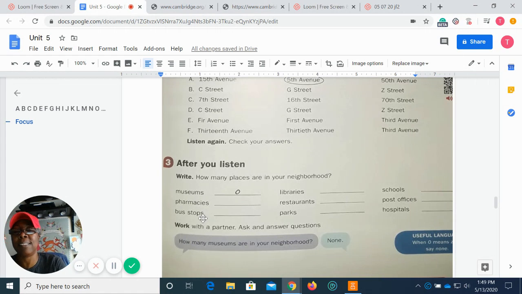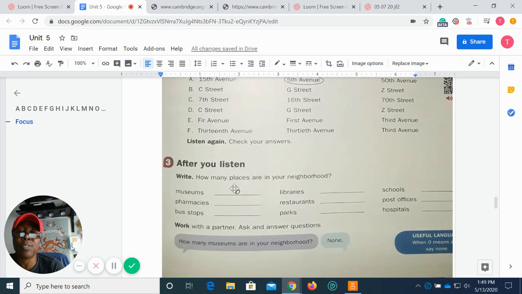So you'll want to say S. And when we ask a question about a specific place, like how many, we usually use plural. So we'll say, how many museums do you have in your town? How many pharmacies do you have in your town? So that's why you'll see that all of these have the plural form of the word.